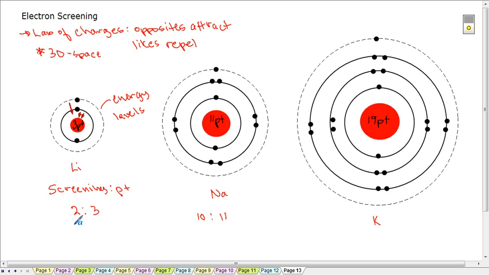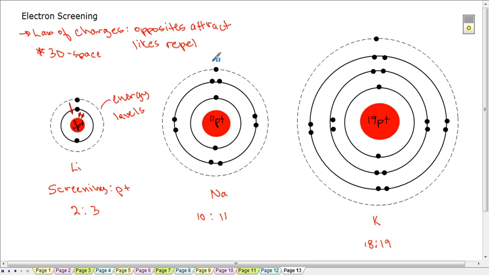When we break this down, 2 to 3 is sort of close to 50-50, but 10 to 11 is much closer to 1. When we look at potassium, we have 18 electrons shielding a positive charge of 19. Again, we're getting much closer ratios as we go, and what we're finding is that every time we increase the number of full energy levels, we are increasing the shielding.